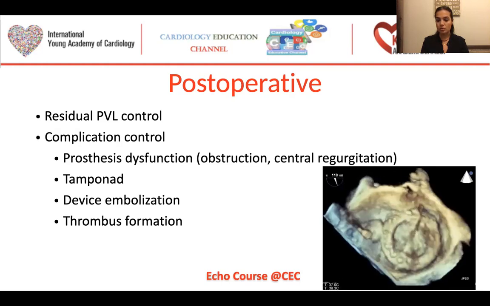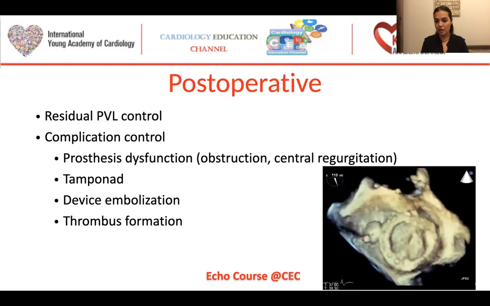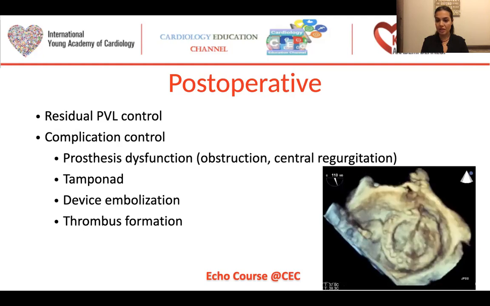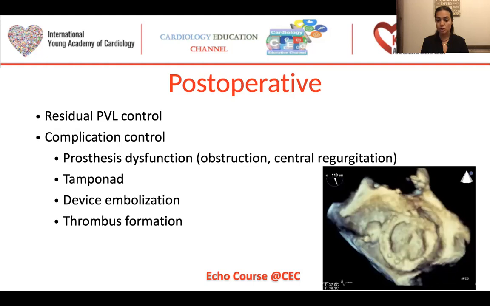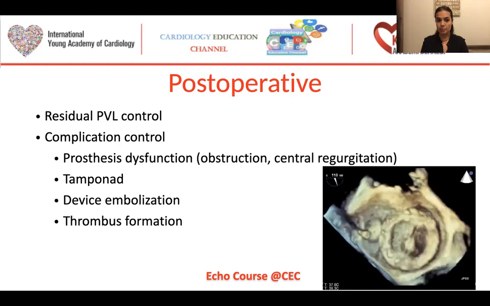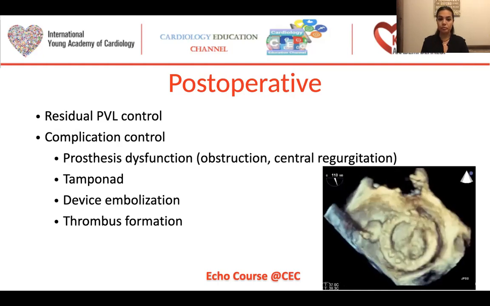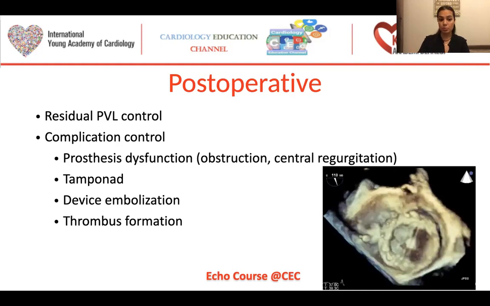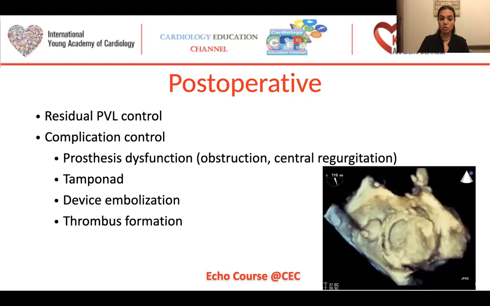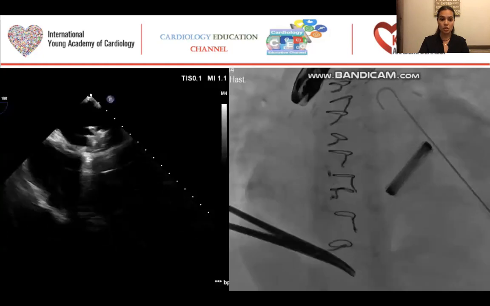On the right hand side, the leaflet moves very well, but the leaflet on the left hand side doesn't move. It's just stuck due to the device that we put there. So we caused a prosthetic dysfunction. It could be one of the complications. Tamponade, device embolization, and thrombus formation could be other complications.